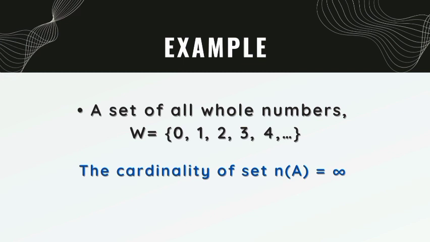When we say cardinality, it is the number of elements in the set. We cannot count the elements in this example because it has no ending, it is continuous. So we can say that the cardinality of this set is infinity.